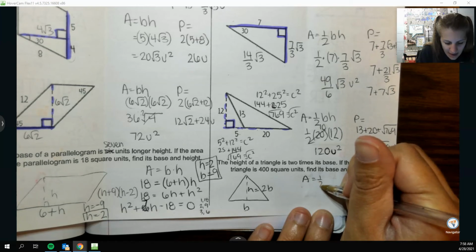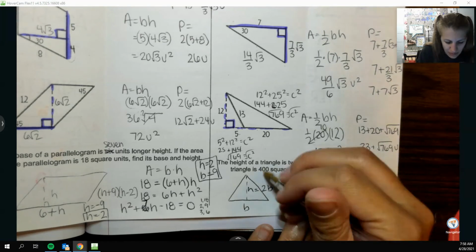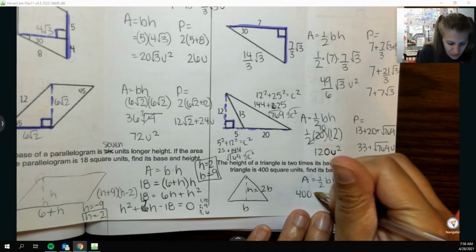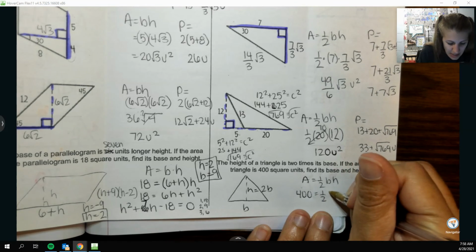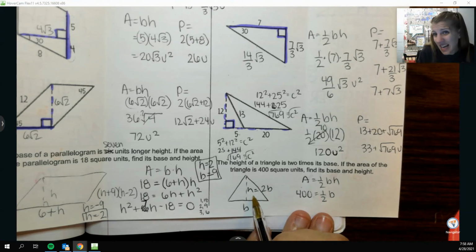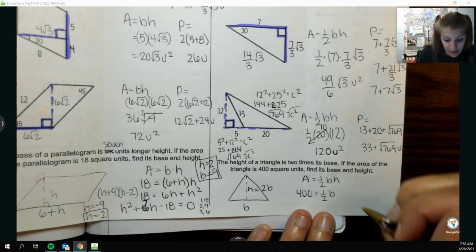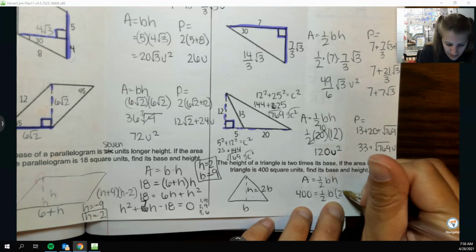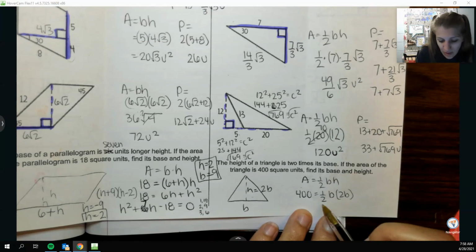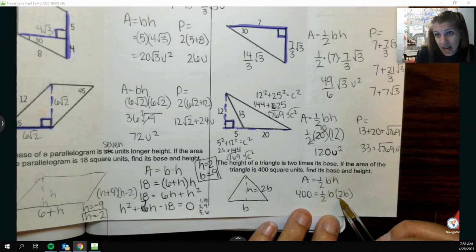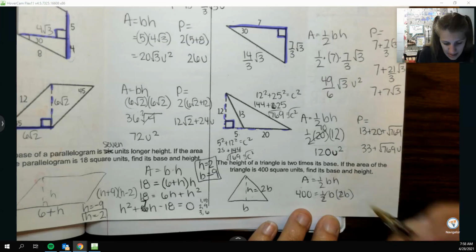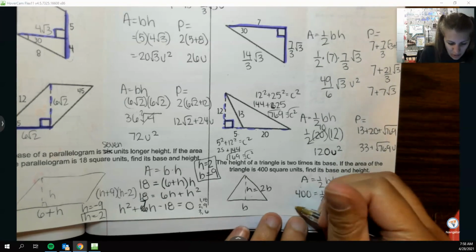So area equals half base times height. They told me area is 400. Base is just base, and height, I don't want to put h because they told me that it's 2 times the base. And if I have all b's, that's a little better. So 2b. So I noticed right here I could take half of the 2, and that makes it easy because then it's just b times b, which is b squared.